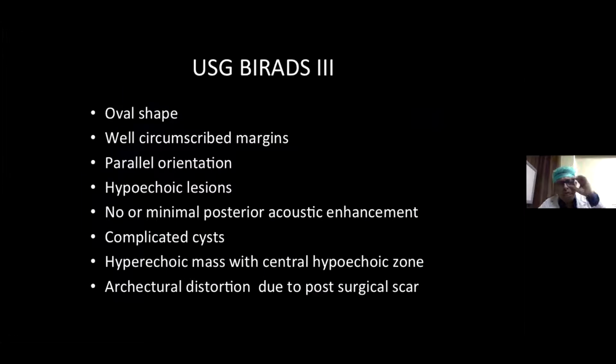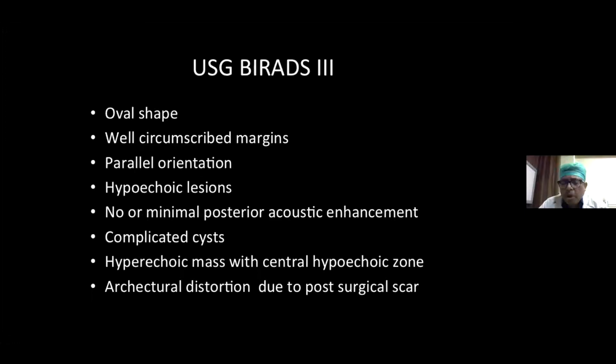Now, coming to ultrasound, theoretically, an oval lesion, a well circumscribed lesion, lesions which are parallel to the skin, lesions which are more hypoechoic compared to the breast fat, lesions which have minimal or no acoustic enhancements, complicated cysts, and lesions which are hyperechoic with a central zone of hypoechogenicity and distortion due to surgical scar are defined as Birads 3 in ultrasound.